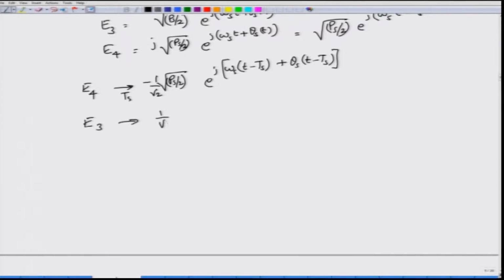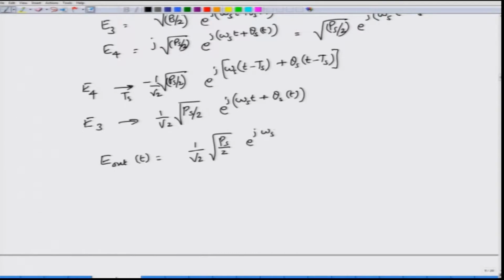What would be for E3? E3 would be 1 by root 2 Ps by 2 under root e to the power j omega st plus theta s of t, correct. Now, when you take these two signals and sum, this would be the output signal that you are going to get. So, E out of t is given by 1 by root 2 Ps by 2 under root e to the power j omega st is constant.